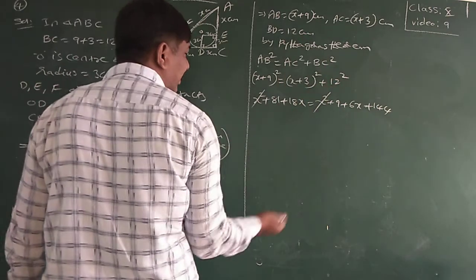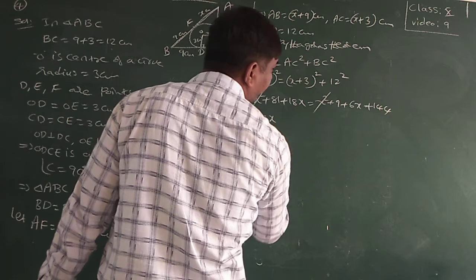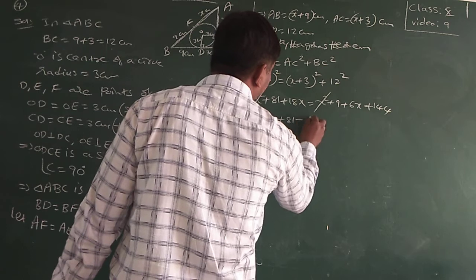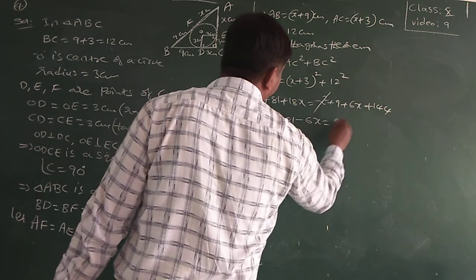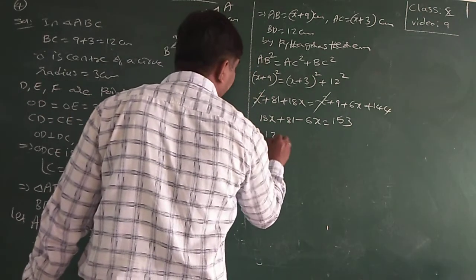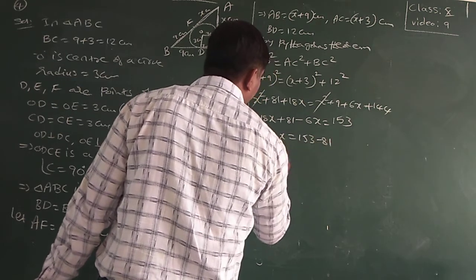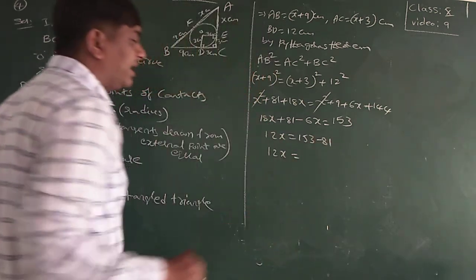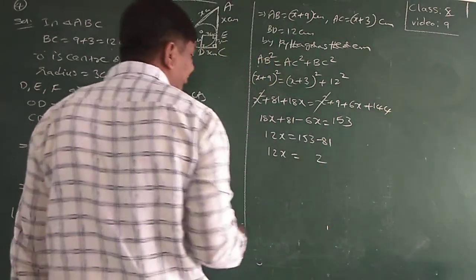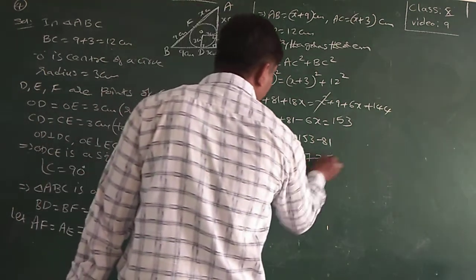So 18x plus 81 minus 6x is equal to 144 plus 9, which is 153. 18x minus 6x is 12x, which is equal to 153 minus 81. 12x is equal to 72.